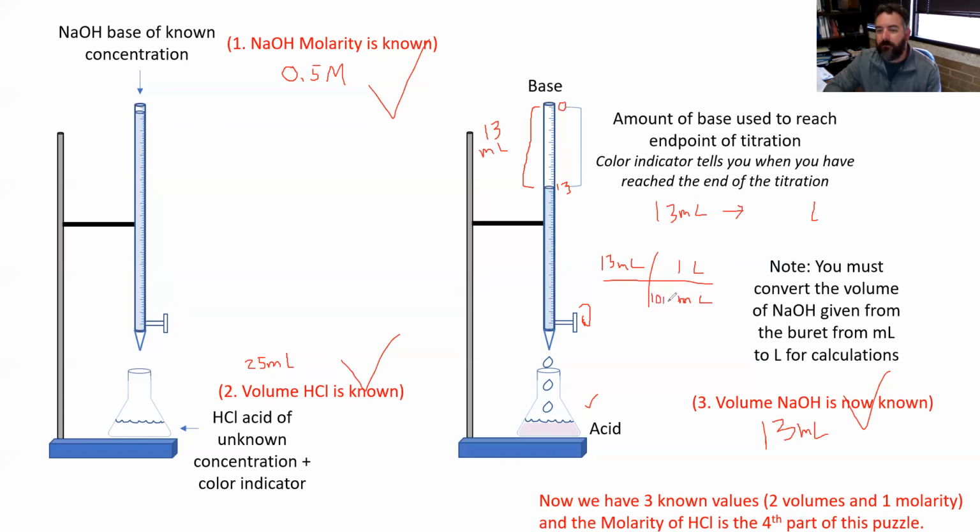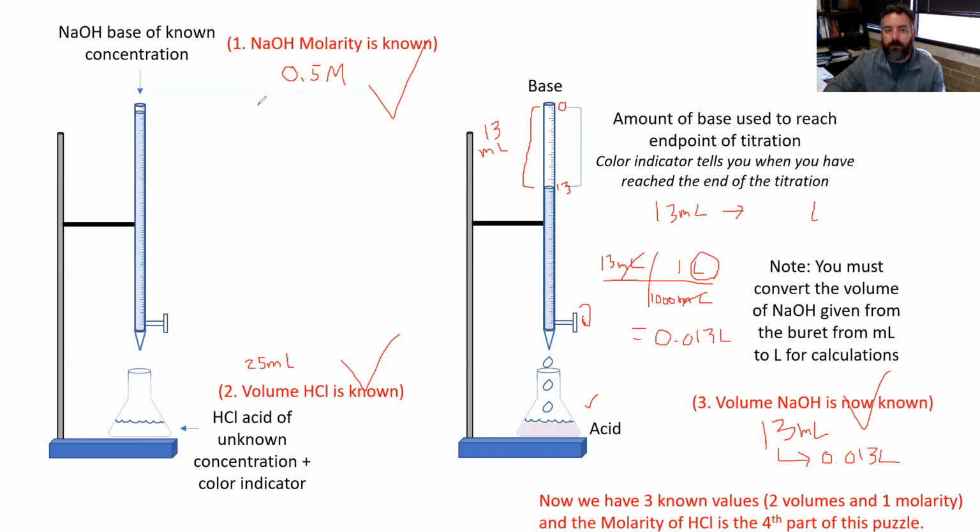Milli stands for 1,000, so there's 1,000 milliliters in a liter. Milliliters cancels, you're left with liters. Do the math, and you should get 0.013 liters. So this needs to be converted to liters first. Now we have three pieces of information ready to go.